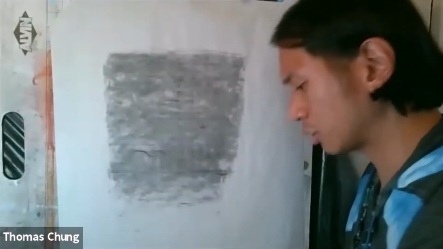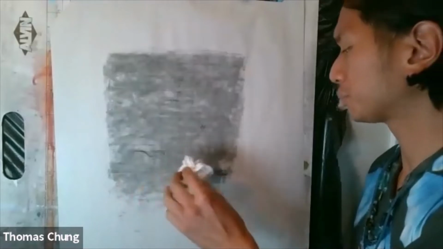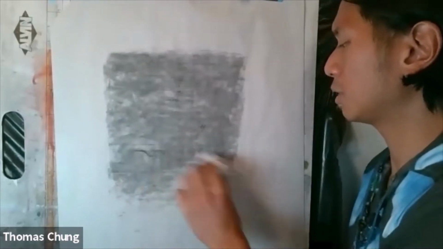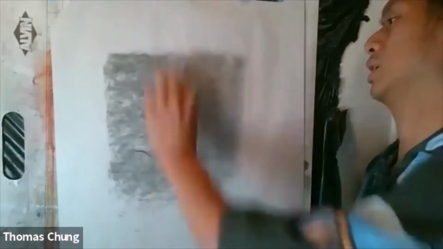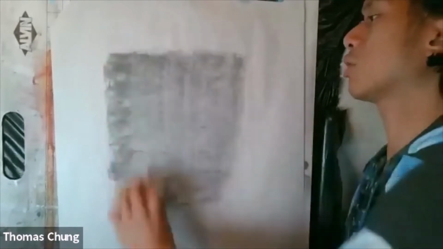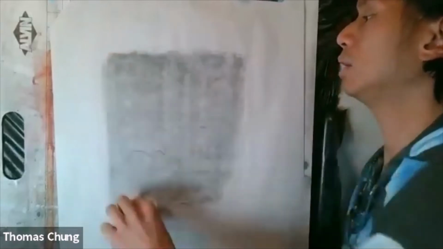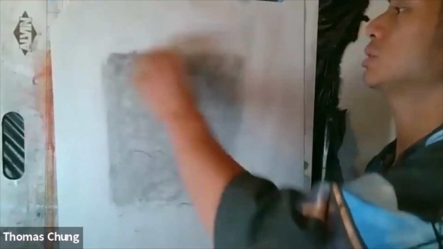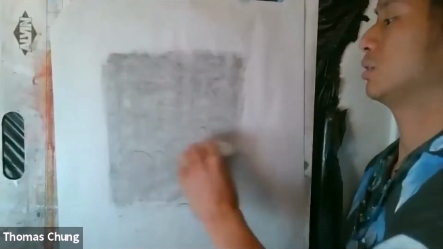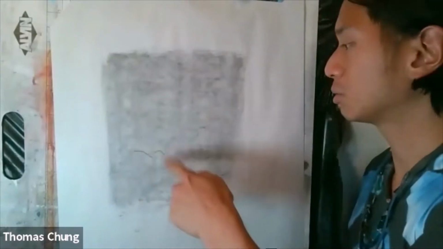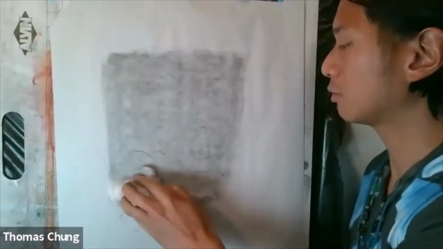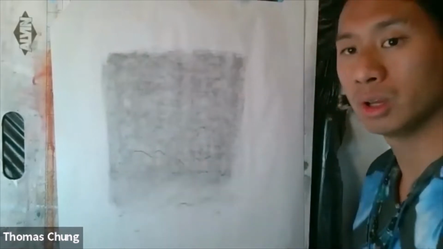So as I mentioned earlier, you want to work material into the page, and it'll take away some of the texture. A ground can be laid with compressed charcoal as well. I'm on the newsprint, so it's only going to take so much of a beating. And you can see that there's a bit of texture coming through from my board, so you want to be careful and make sure you're on a smooth surface.